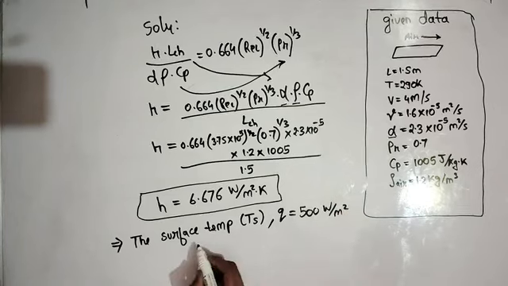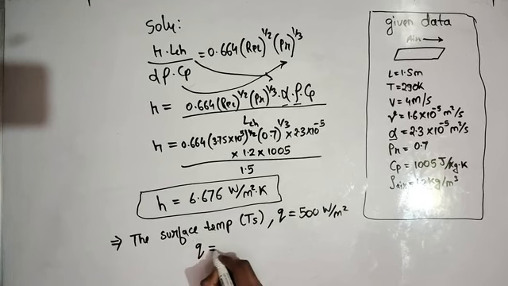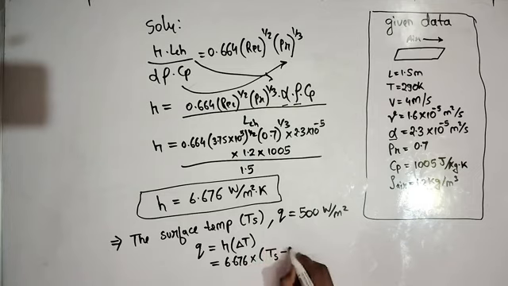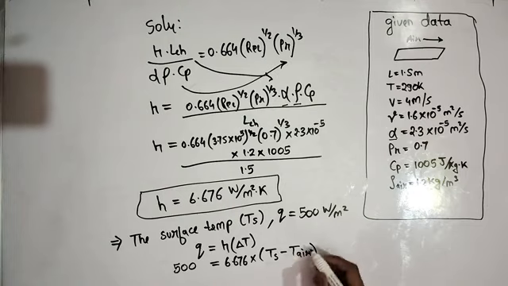So we will use the relation for heat flux. Heat flux equals heat transfer coefficient into temperature difference. Here, heat transfer coefficient is 6.676 into temperature difference, which is temperature of surface minus temperature of air, and heat flux is given as 500. Air temperature is given as 290 Kelvin.